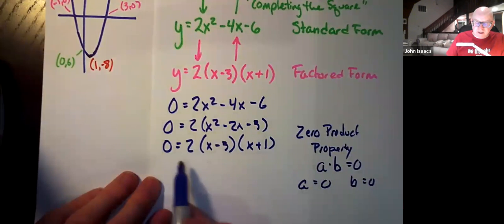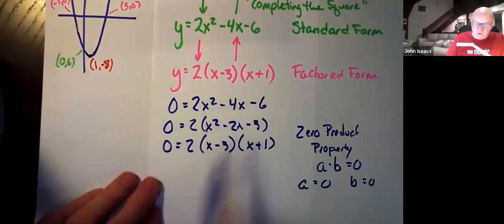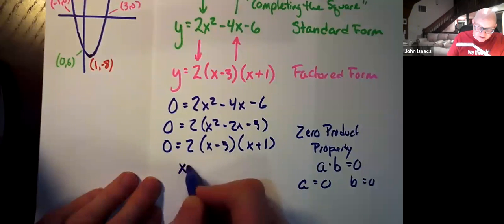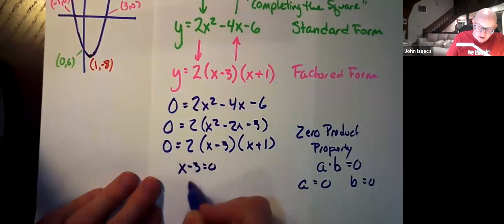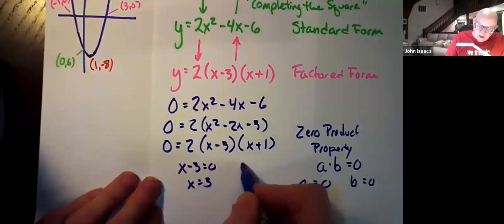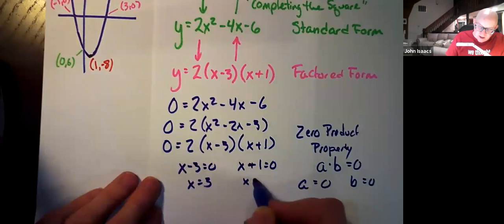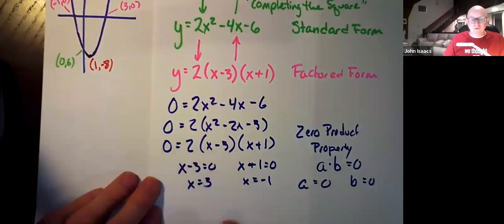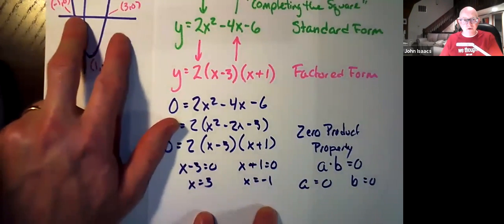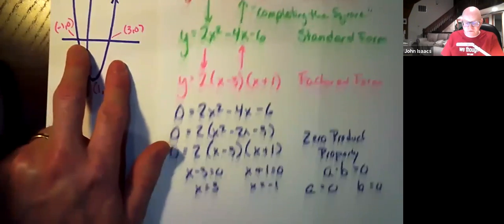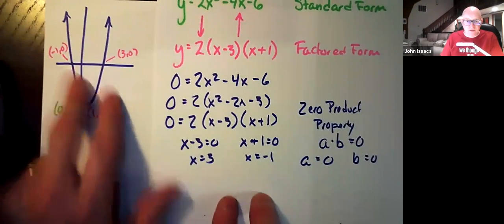So basically, in order to continue solving this equation that we have in blue, we have to set x minus 3 equal to 0. Of course, we get x equals 3. And we have to set x plus 1 equal to 0. And we get x equals negative 1, which, of course, are the x-intercepts on our graph, right? That all fits together.